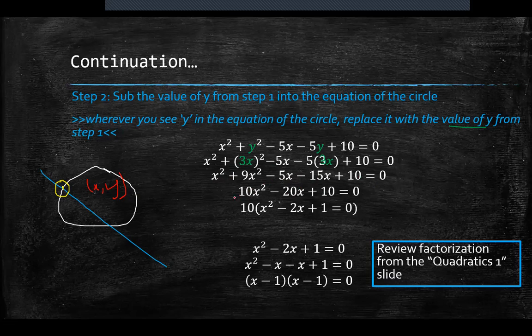I could leave it like this if I want to. Or to simplify this even more, all of these numbers, 10, minus 20 and 10, are divisible by 10. So I could divide everything by 10. And what I would get is x squared minus 2x plus 10 is equal to 0.